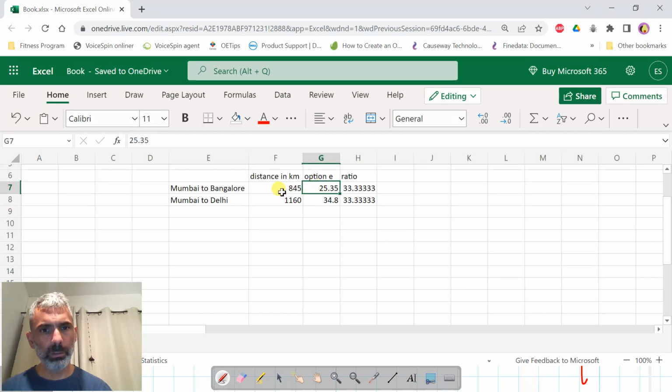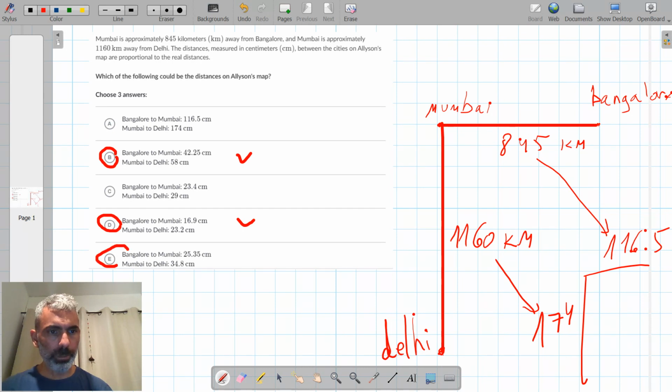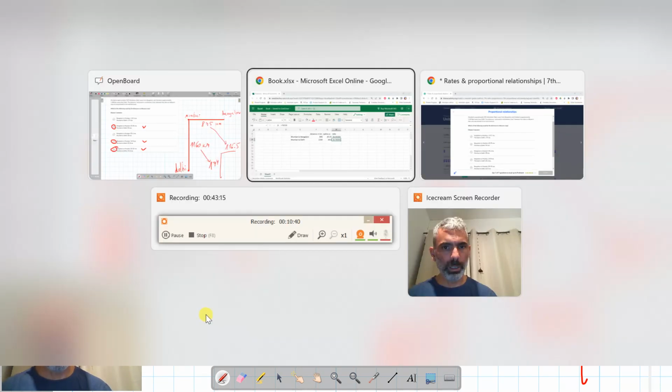When I divide 845, which is F7, by G7, which is 25.35, I get 33 1/3. So every 1 centimeter on the map represents 33.33 kilometers in real life. Okay, so the same ratio, which means option E is also good. So B, D, and E.